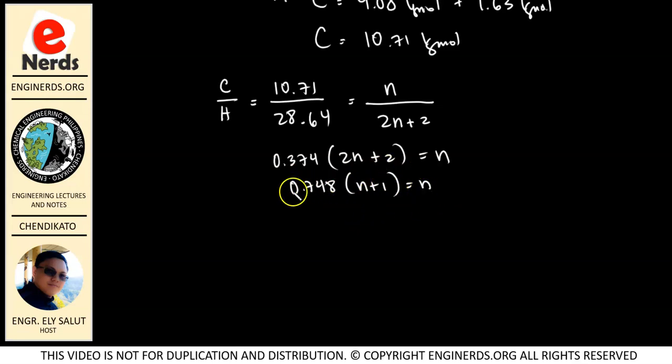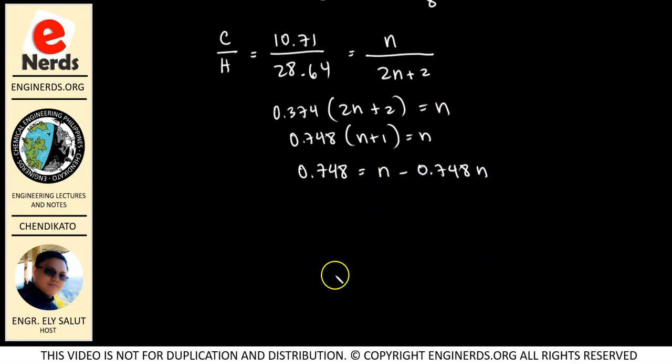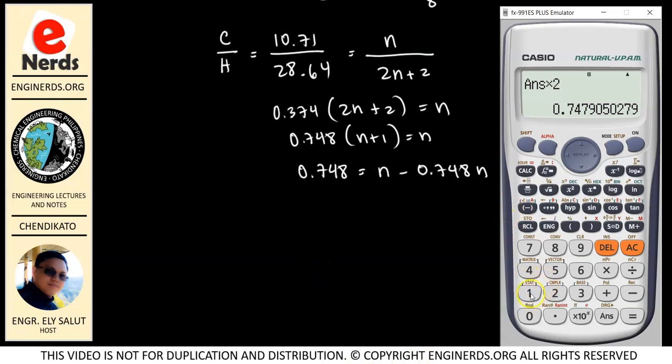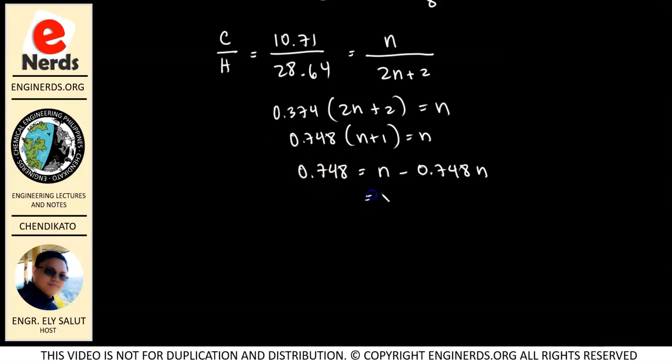Now I'm going to transpose the 0.748N to the right side of the equation. So I will have 0.748 is equal to N minus 0.748N. Now I have 1 minus 0.748, which is 0.252. So I have 0.252N equals 0.748.